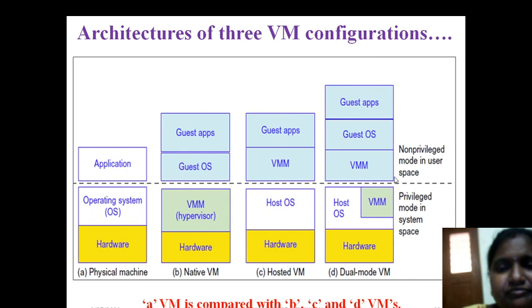Finally, I want to run two VMs: a virtual machine monitor at the non-privileged mode with the help of the guest OS, and a virtual machine with the help of my host OS. It is not taking command of the total OS, but it is trying to provide a helping hand to my host OS. Hope you remember this. In the next class, we will learn in detail what those are. For today, have a nice day. Bye.